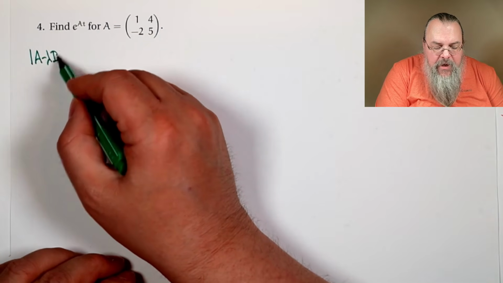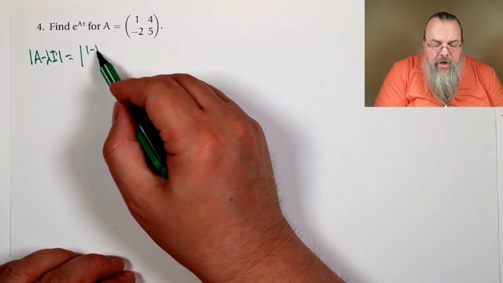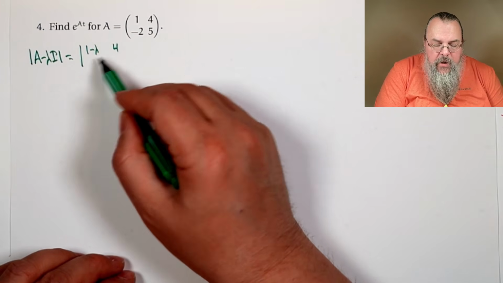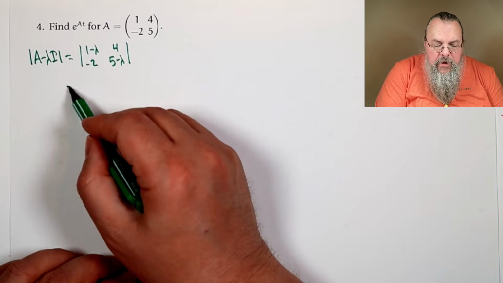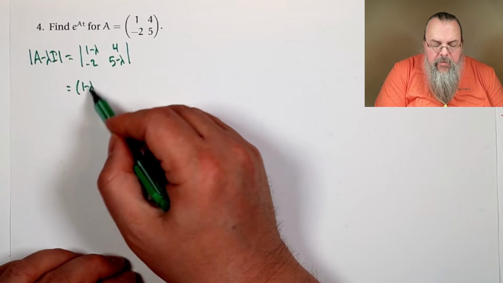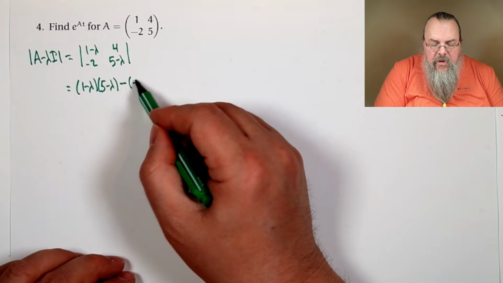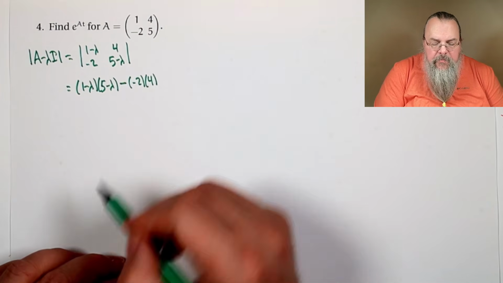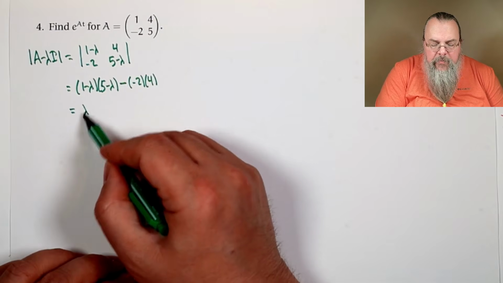A minus lambda I. So we're going to take the determinant, 1 minus lambda, 4, minus 2, 5 minus lambda, which becomes 1 minus lambda times 5 minus lambda, subtract negative 2 times 4. And, well, that's lambda squared.